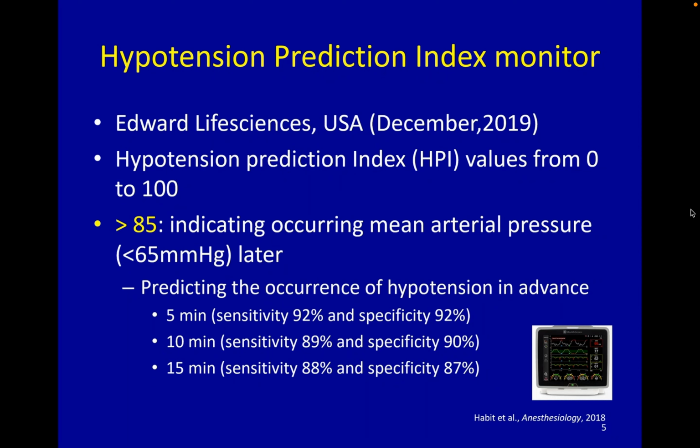The HPI has been reported to have sensitivity values for predicting intraoperative hypotension 5 minutes, 10 minutes, and 15 minutes in advance of 0.92, 0.89, and 0.88, respectively. The values of specificity were 0.92, 0.9, and 0.87.